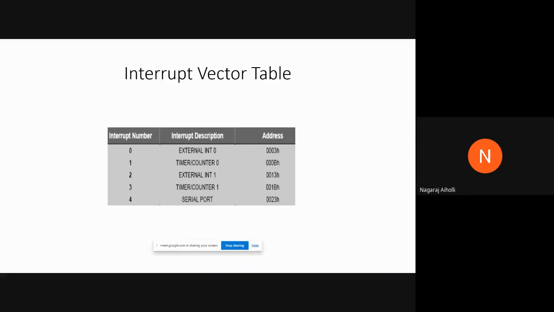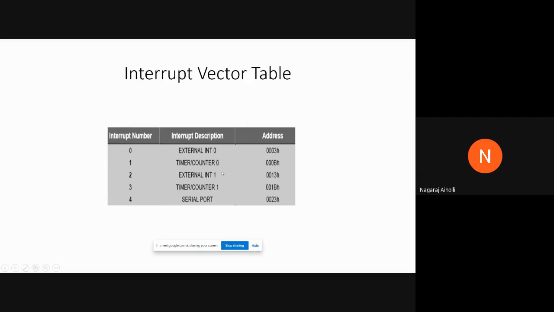The starting address of the program stored for external interrupt 0 is 0003H, as you are seeing in the table. Then to get the address of the timer/counter 0 interrupt, we have to add 8 bytes. So 0003 plus 8 gives us 000BH.